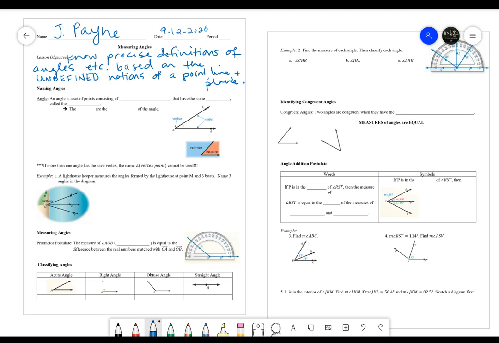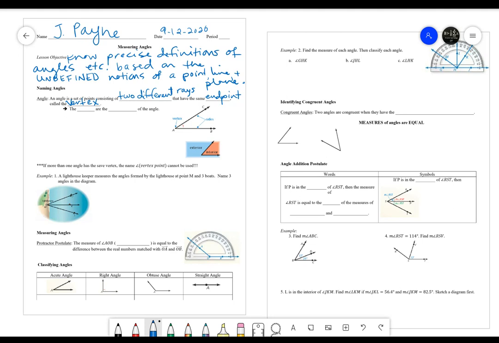Today we're going to talk about angles. An angle is a set of points consisting of two different rays that have the same endpoint called the vertex.